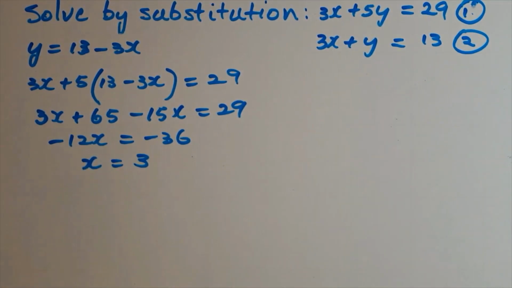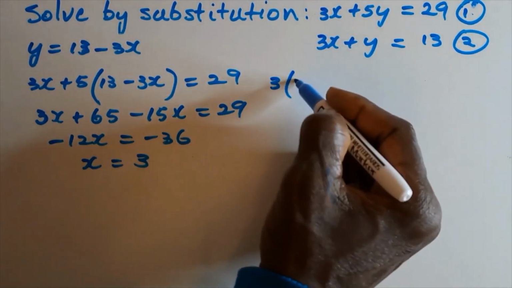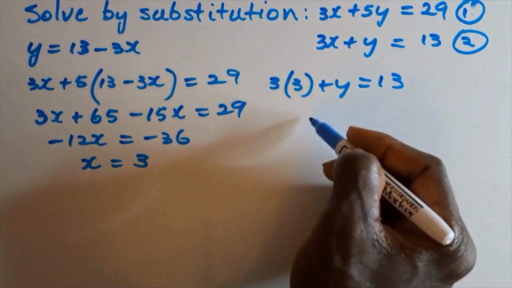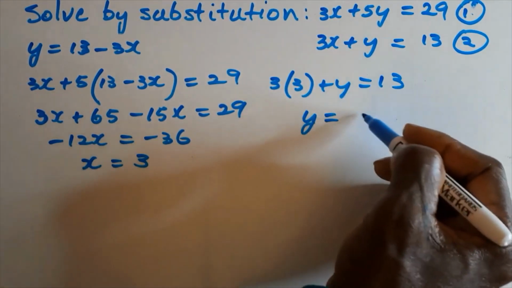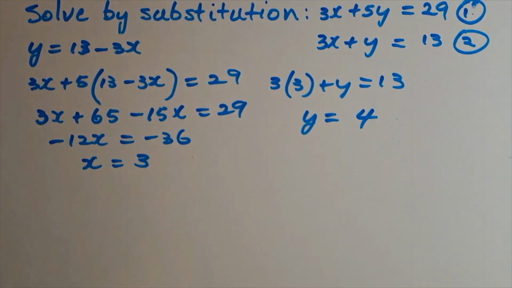If x is equal to 3, we can substitute in equation 2. We'll have 3 times 3, and y is equal to 13, so y is equal to 4. Don't forget to check your values for both equations to confirm that your solutions are correct.